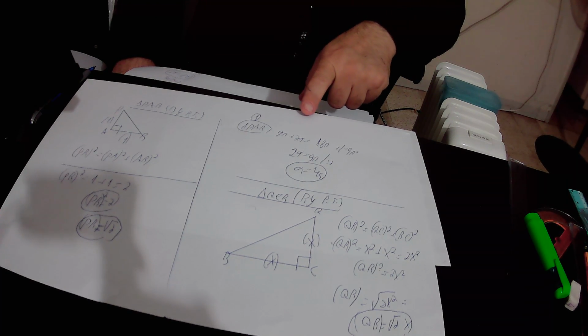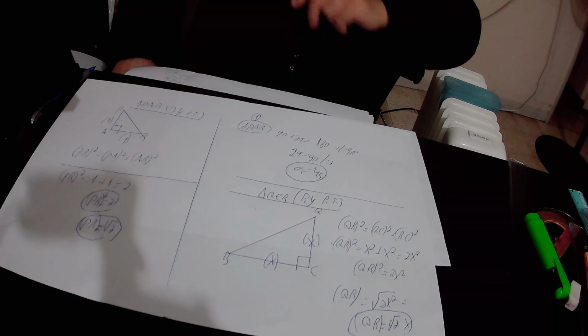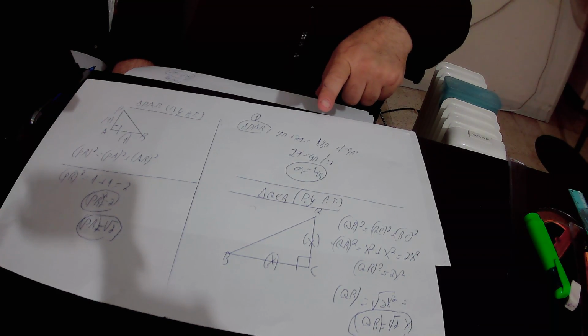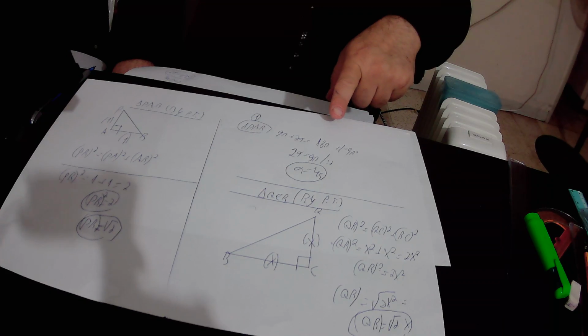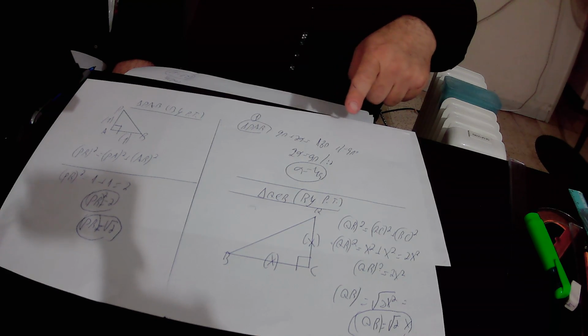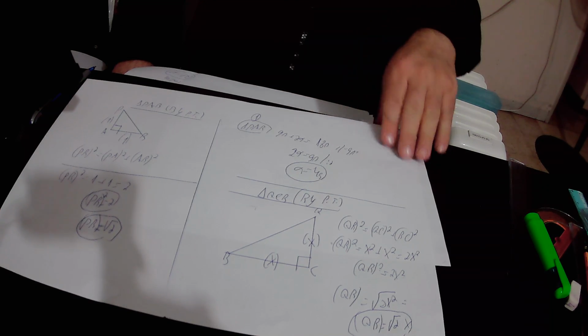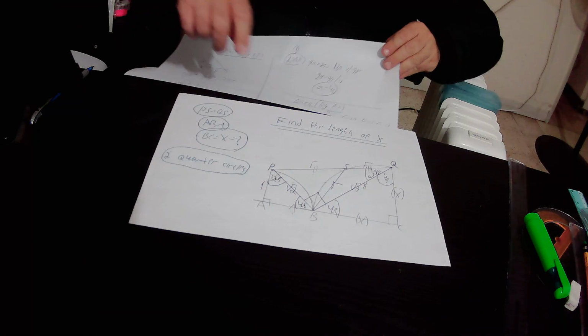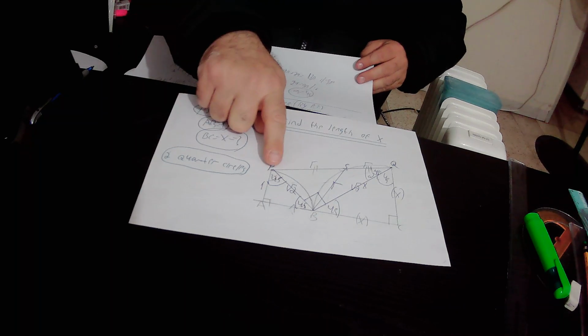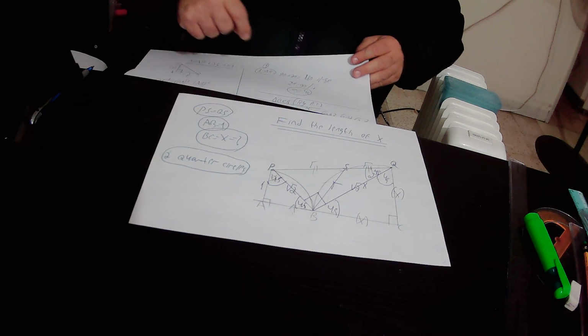Here I subtracted 90 degrees from this equation, and finally found out that 2 alpha equals 180 degrees minus 90 degrees, which is 90 degrees. So 2 alpha equals 90 degrees. We divided this equation by 2 and finally found out that alpha equals 45 degrees. So this angle alpha equals 45 degrees in size, and this is also angle alpha that is equal to 45 degrees.